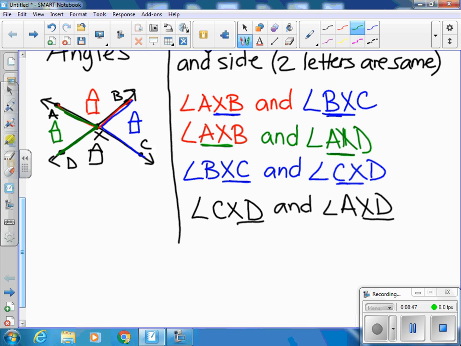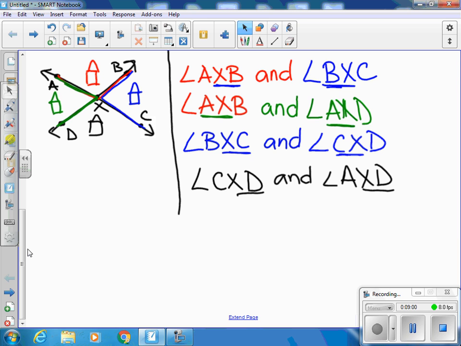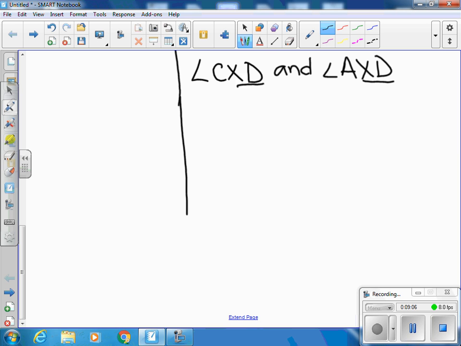If there are four angles, you're going to have four sets of adjacent angles. We don't know anything about their measurements. There's nothing that says they're equal, not equal, etc. All we know is that they are side by side, next door to each other, touching one side. So that's what you've got to remember about adjacent. There is no actual calculation. You will have to look at a picture of angles and name the adjacent angles. So just make sure you keep that mentally in your head.